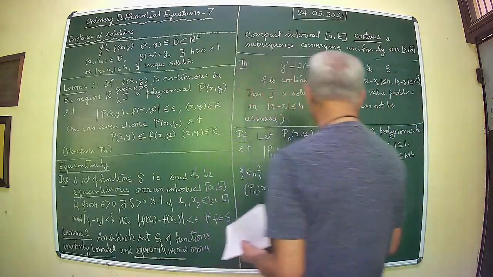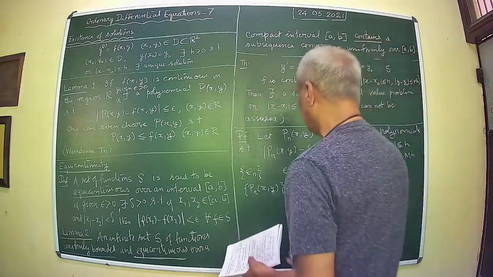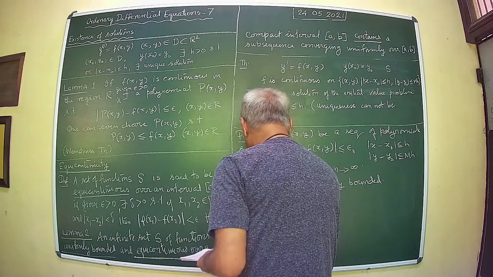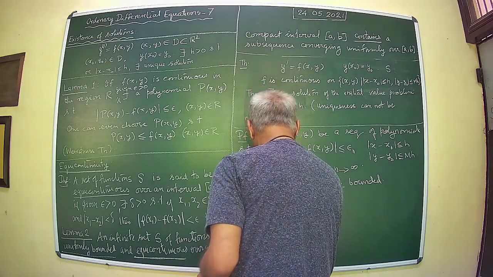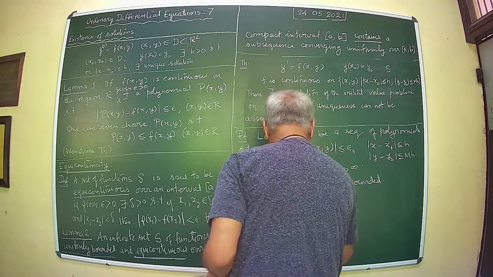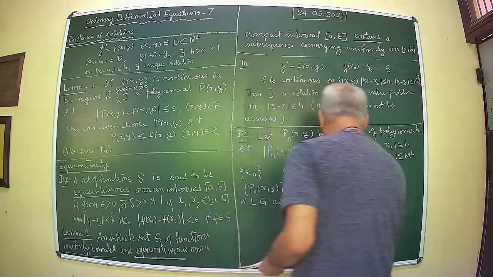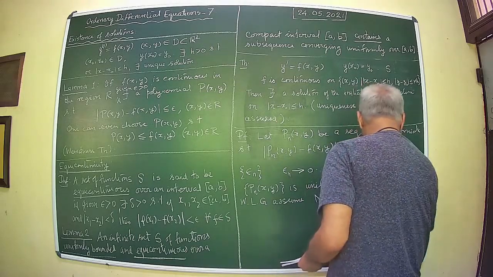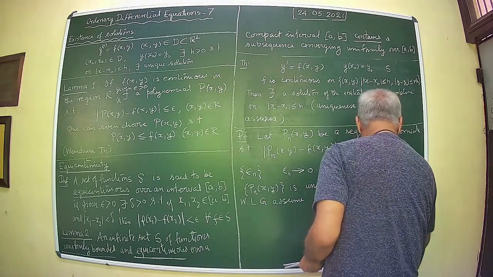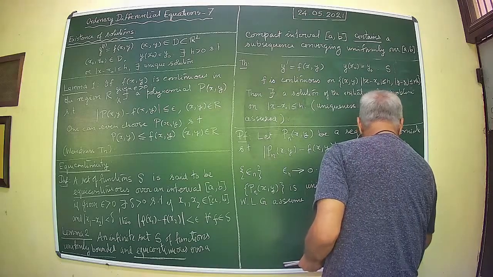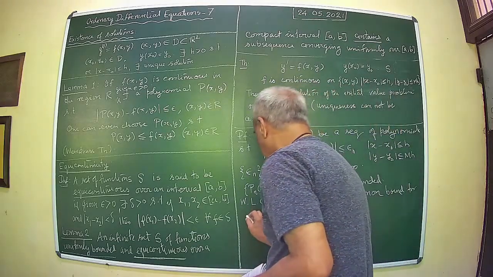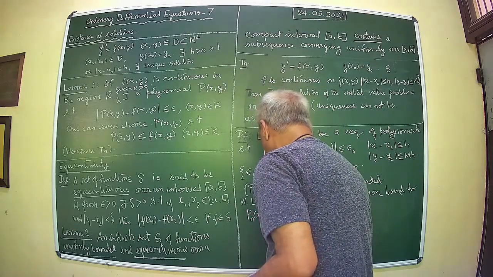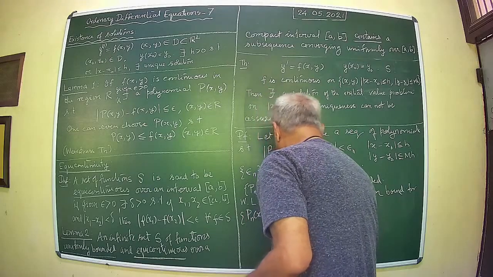Now what we do is, we started with f, and without loss of generality, assume M is the common bound for Pn and f.